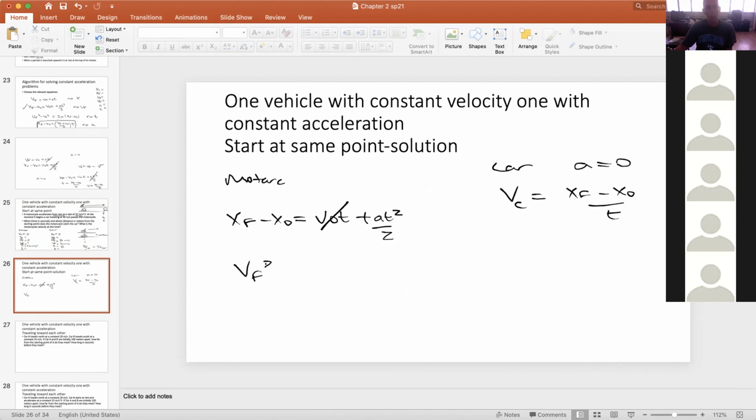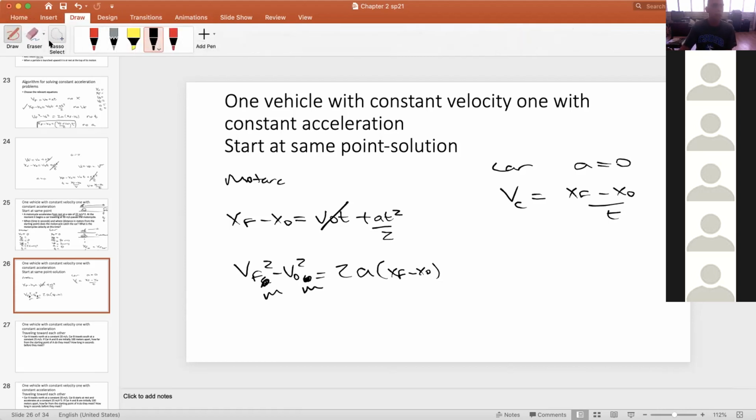Or V final squared minus V initial squared is 2 times the acceleration times X final minus X initial. I don't want to use that. In fact, I'm just going to use this one, so let me erase that. From the motorcycle, I know this is true. And from the car, I know this is true.